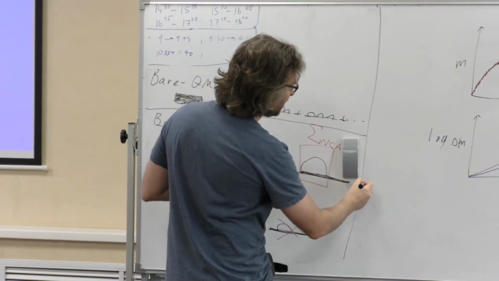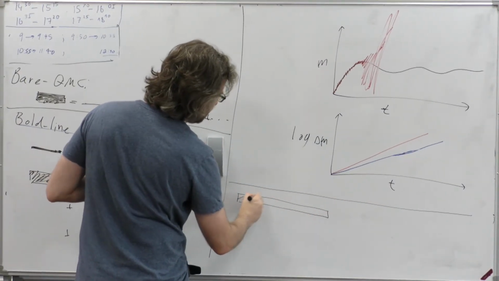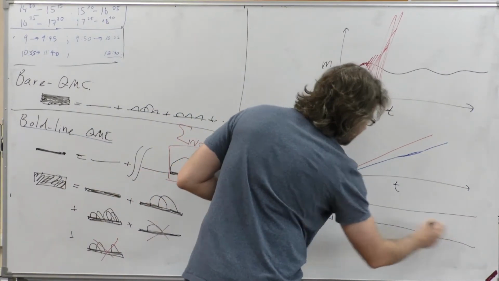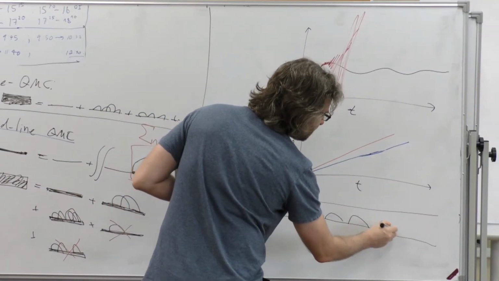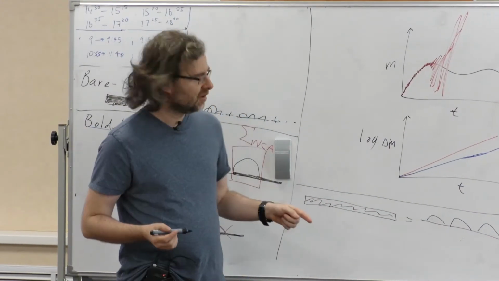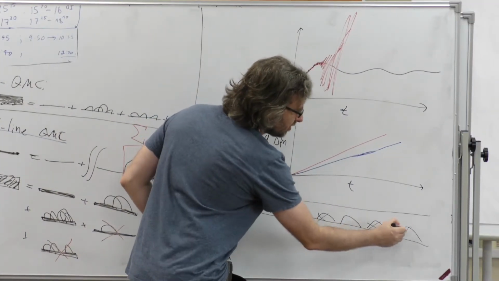So what do I mean by improper diagrams? One contribution to this guy in the bare expansion is diagrams like this. Okay, where I can remove any one of these inclusions.